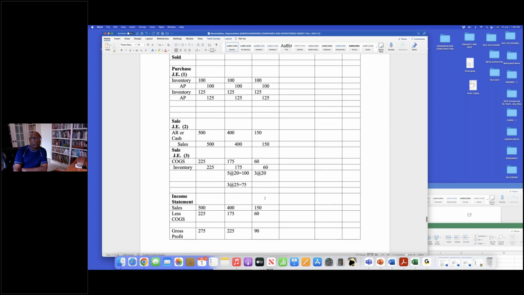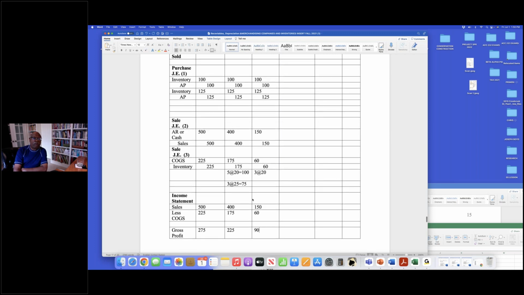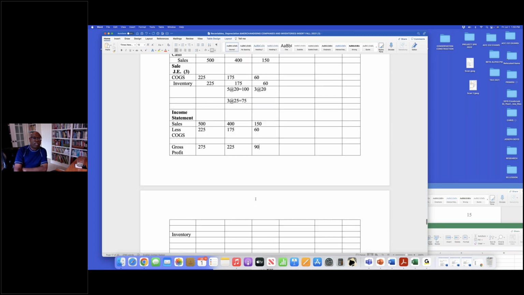Now, in this first case, when we look at the inventory, because we sold them all, there's no inventory. Here we sold 8, and so we'd have 2 left at 25. So the inventory would be 2 at 25.